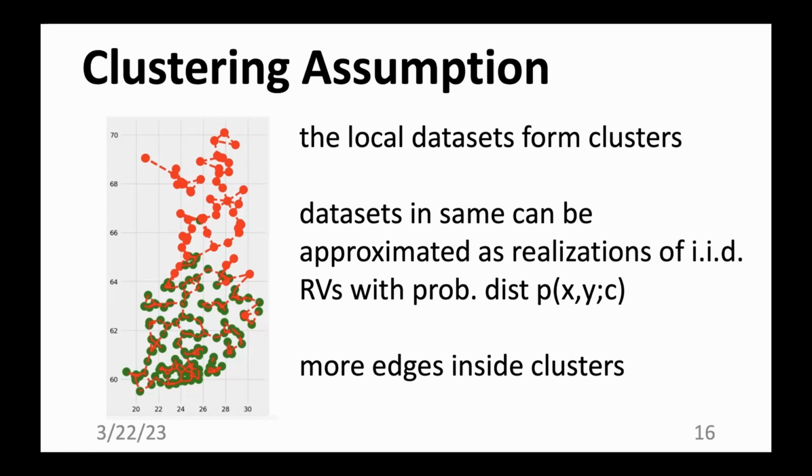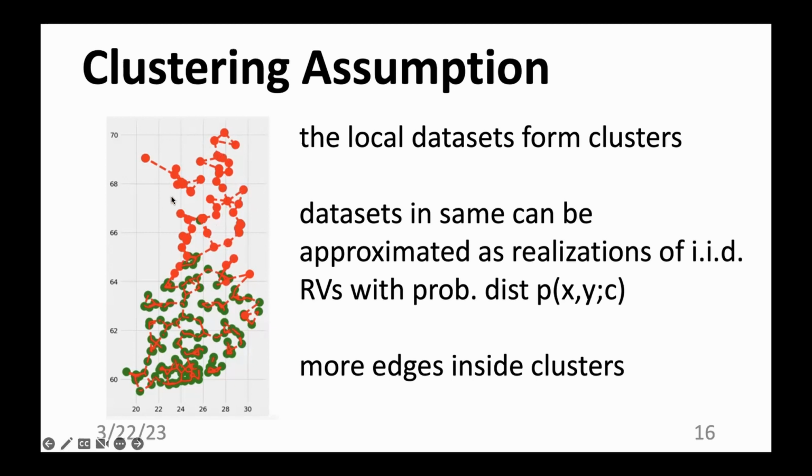So the data sets that belong to the same cluster can again be approximated using the IID assumption. This brings us back to the basic setup of machine learning. We have data sets; in this case, the data points are distributed over a network of local data sets. But overall, each data point is drawn from the same distribution. What sets federated learning apart from basic machine learning is that there are different clusters.